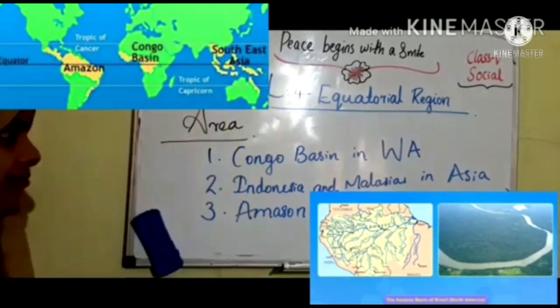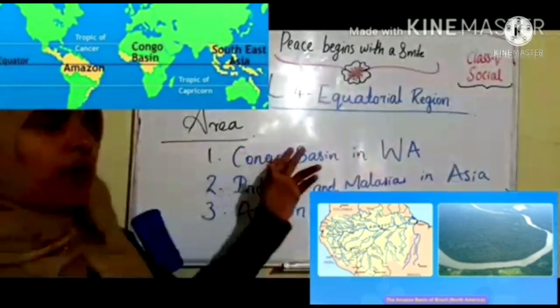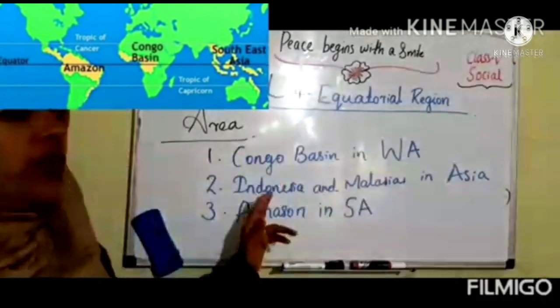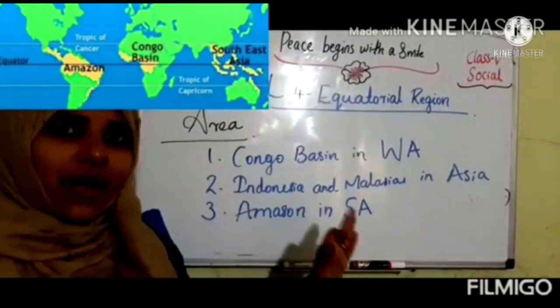These are the different areas present in the equatorial region. What are they? Congo Basin in West Africa, Indonesia and Malaysia in Asia, and Amazon in South America.